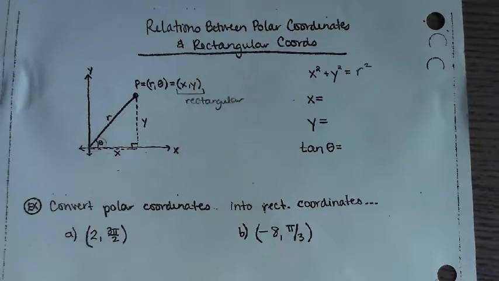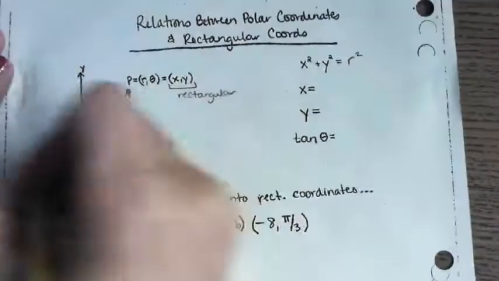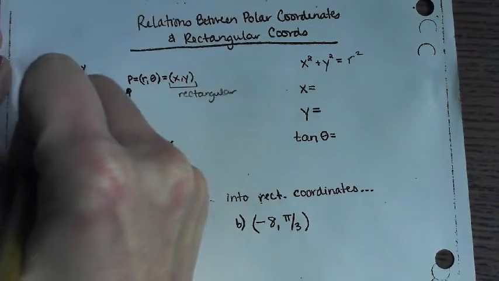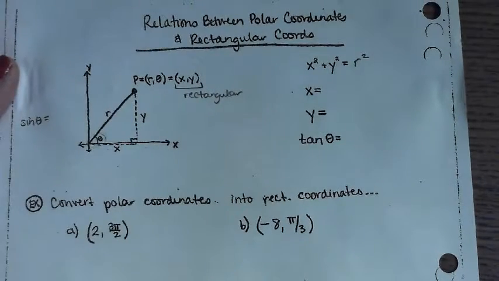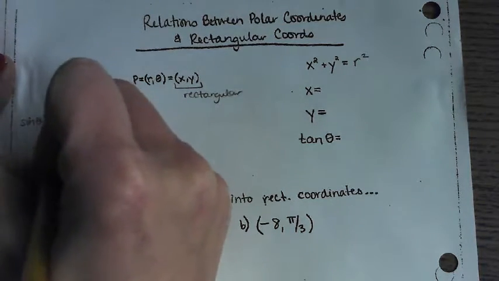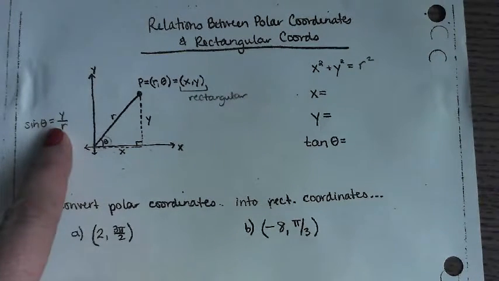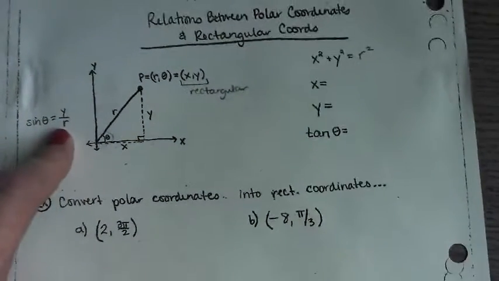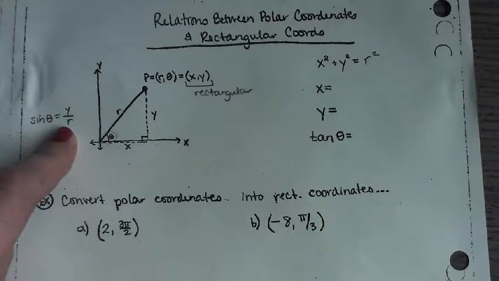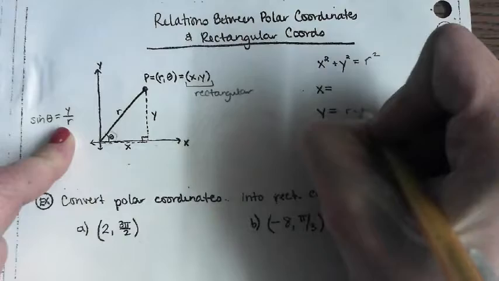Let's just start with the sine. If you were to write sine of theta equals, what would it equal? Yep, opposite over hypotenuse, y over r. So if you solve this for y, what does y equal? I'll put the r out in front, but yes, r times sine theta.